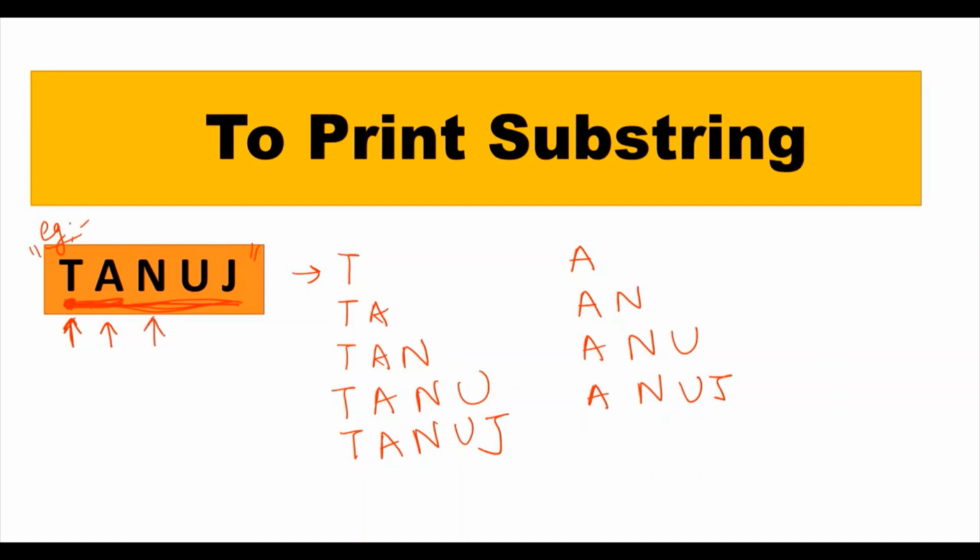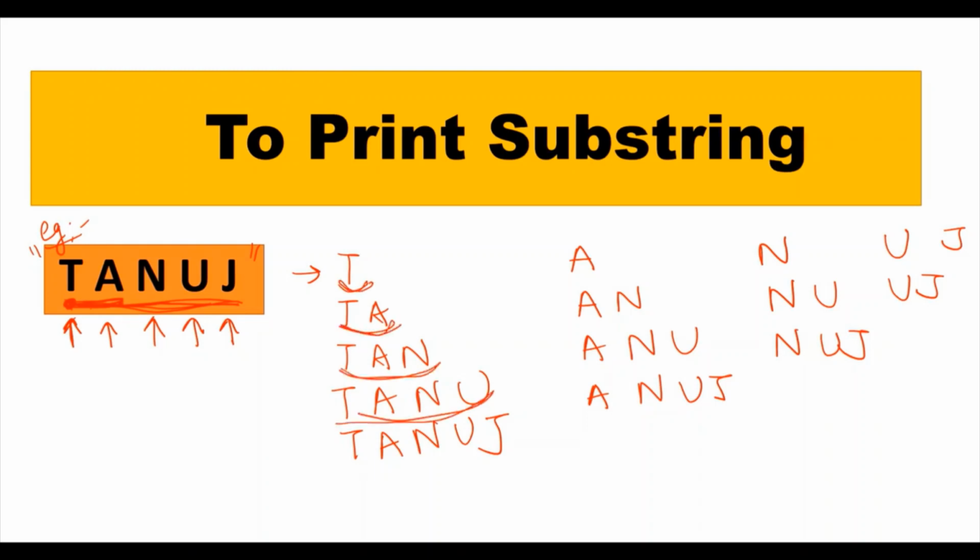Then the third character, N, NU, NUJ. Then the fourth character, U, UJ. And then comes the fifth character, which is J. If you focus on these strings, they are following the sequence, and there is not a single character left out in between.